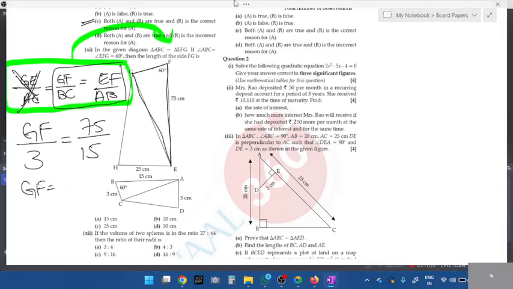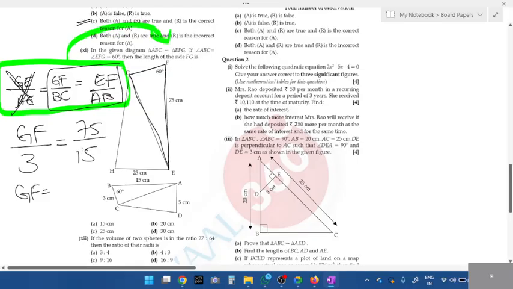Take that equation. Now, if you want to find GF, 3 goes into 3 divided by 15. How many times does 5 go into 15? 3 times.